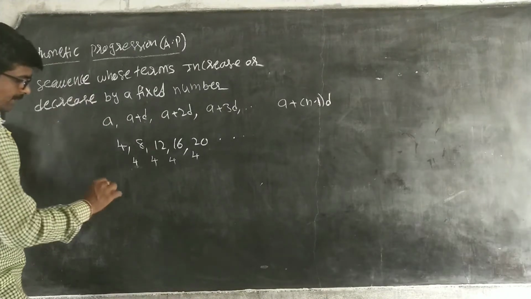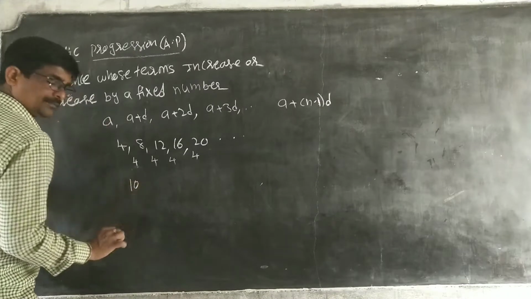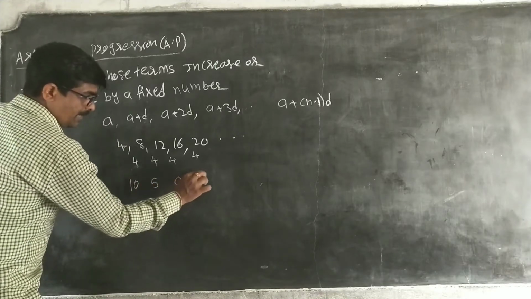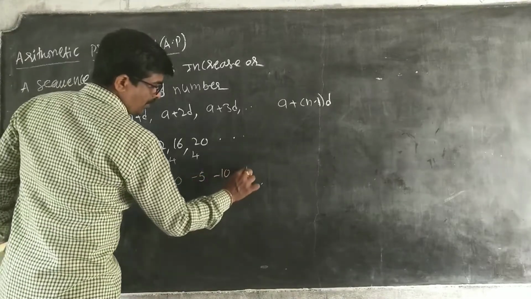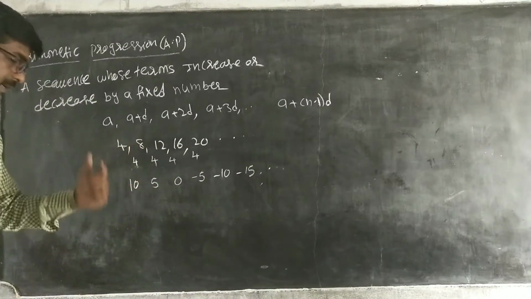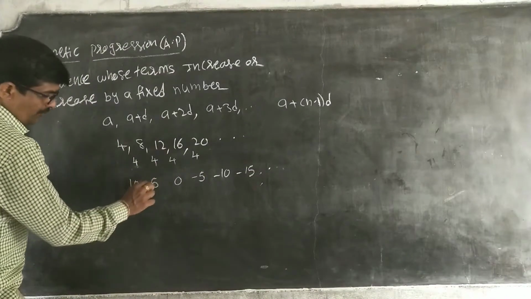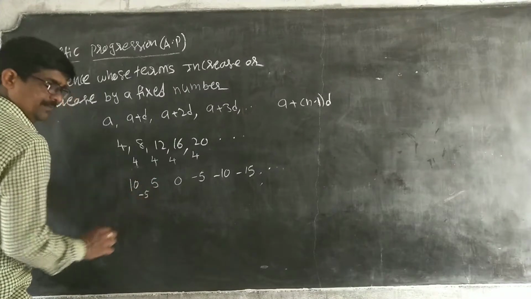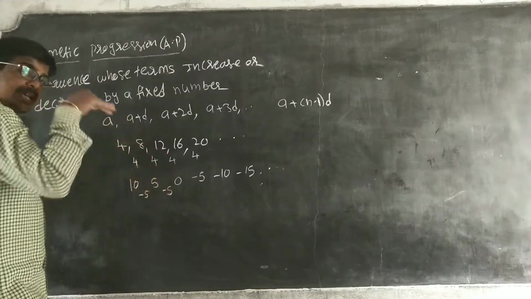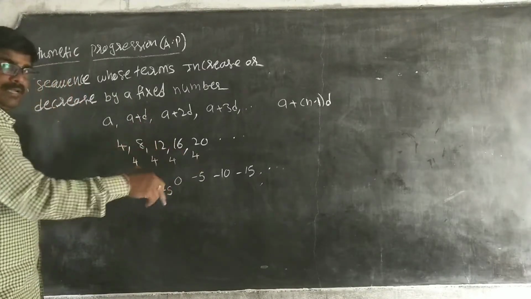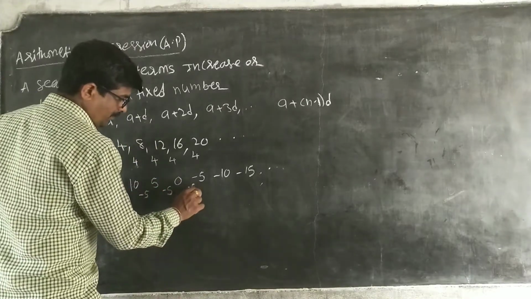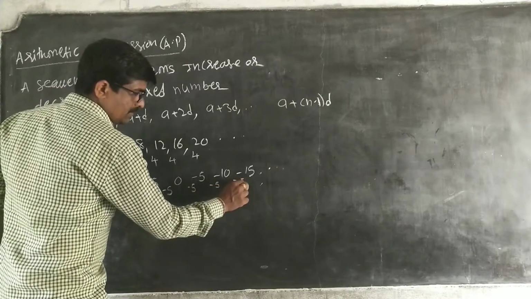Another example I am taking: 10, next 5, after 0, minus 5, minus 10, minus 15, and so on. This is also a progression, arithmetic, because 10 minus 5 is 5, 5 minus 5 is 0. So here the series is decreasing by a fixed number: minus 5, again minus 5, again minus 5, and so on.